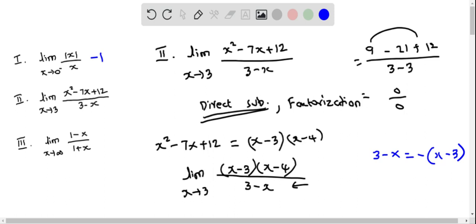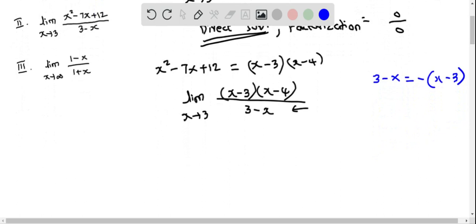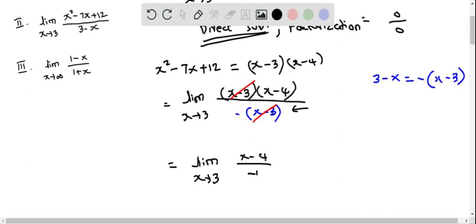So therefore, this can be written like this. So this becomes negative of x minus 3. Now we see that we can cancel this x minus 3 with this x minus 3. We then have this negative. So let me write it down in the next step. This can be written as the limit as x approaches 3 of x minus 4 over negative 1.